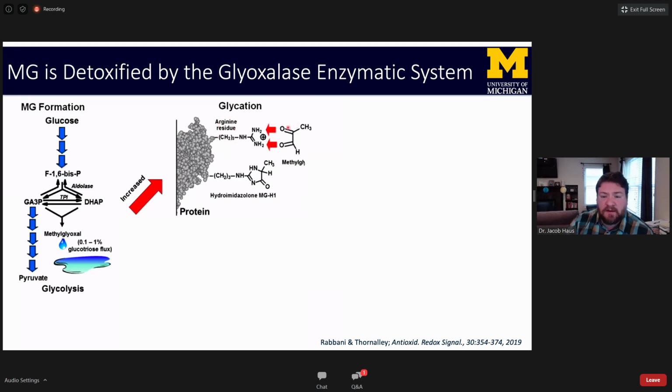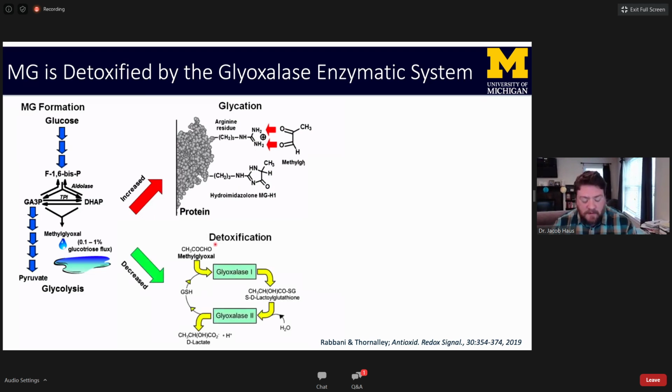You can see here the dicarbonyl side chains have an affinity for the arginine residues, and they now form an intermediate product called an MGH1 or hydroimidazolone. This is considered to be an advanced glycated end product. Once this modification occurs, the protein function and structure become changed.